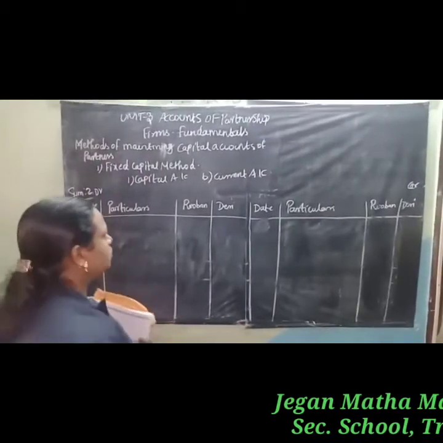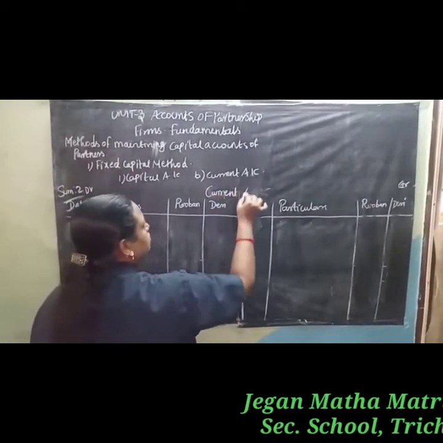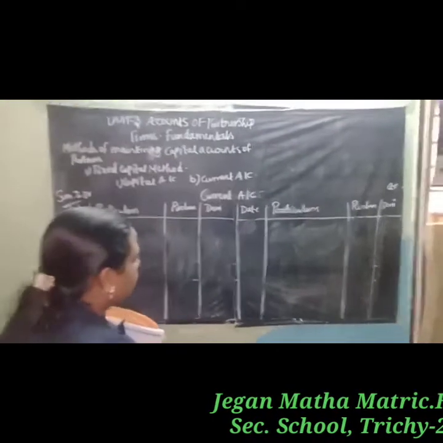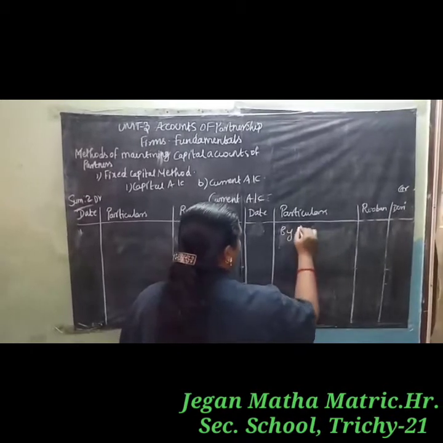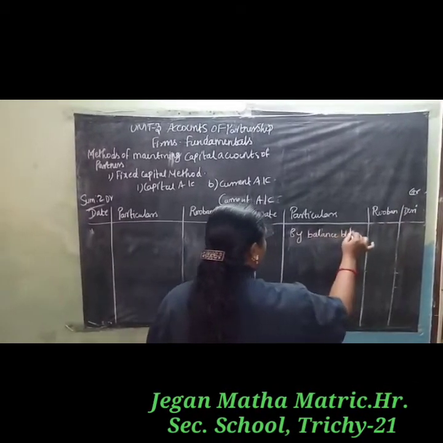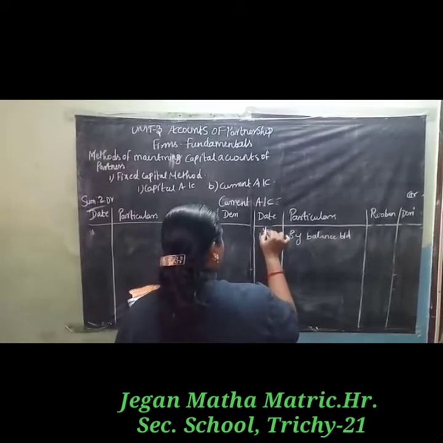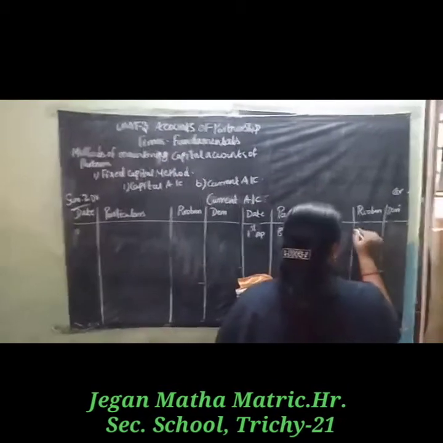Next we have to prepare the partners' current account. The current balance we write on the credit side: by balance brought down, current account 1st April 2018, amount 25,000 and 15,000.